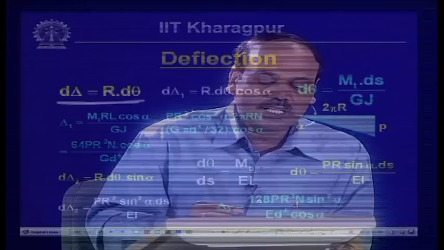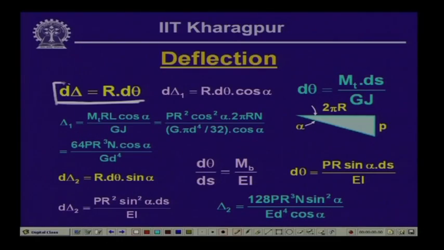Now, if we take that as our basis to evaluate the deflection in an open coil spring, then d delta, as we have seen for a closed coil, is r d theta. The difference between the closed coil and the open coil, as we had seen, is the helix angle.